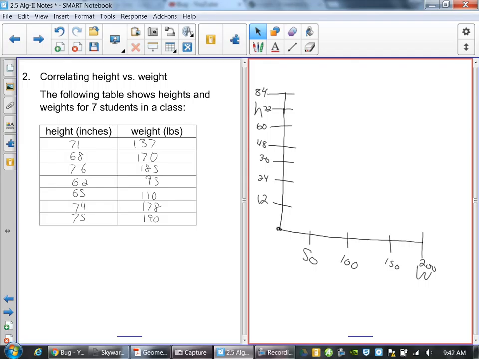Okay. And now it's kind of scatter plot-ish, our values. It's weird because this went first and this is second, so I want to say this is X, this is Y, but you guys flipped it on this. You're welcome. You guys are all weird. 68, 170.